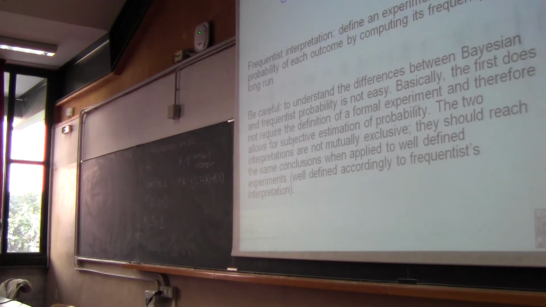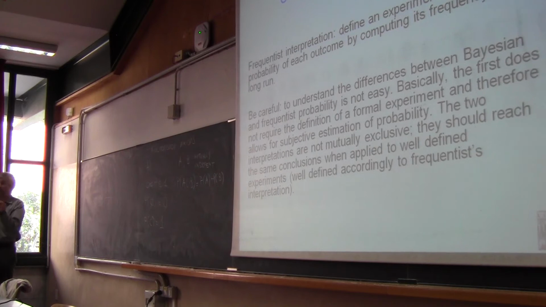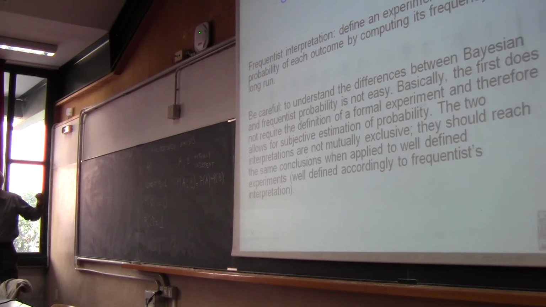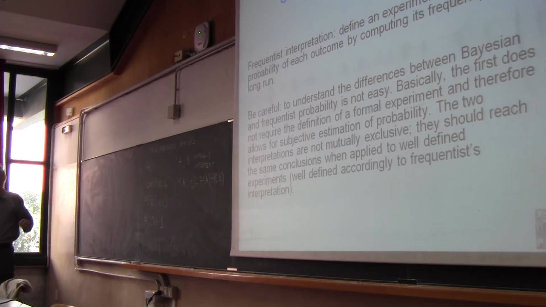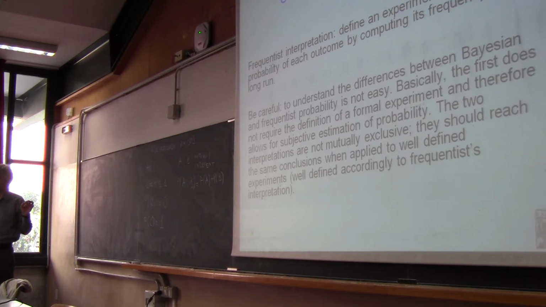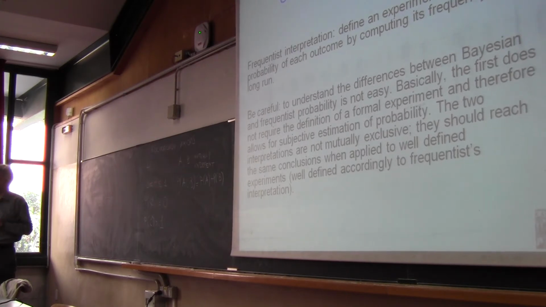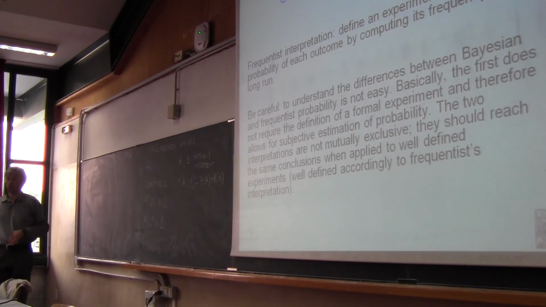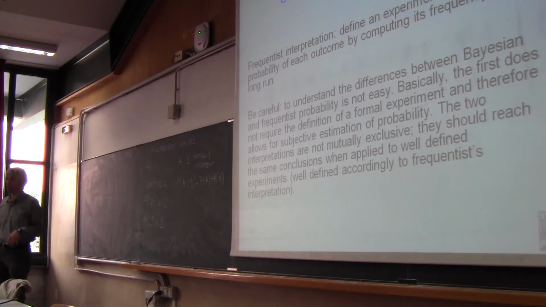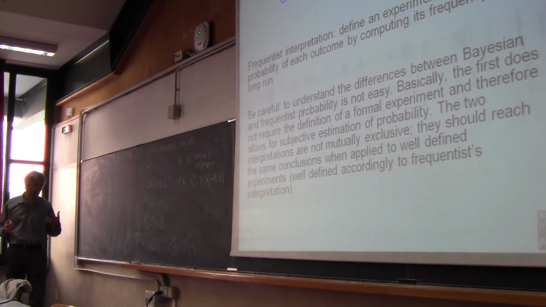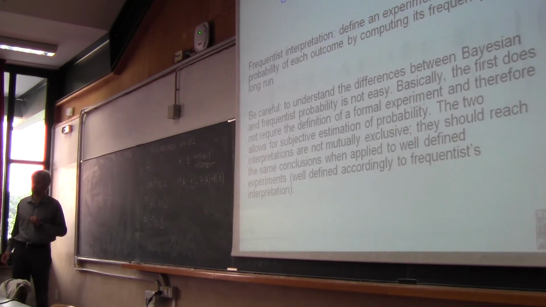This is fine in water resources management because we get the data, and the data are basically the results of previous experiments, so it's fine for us. But let's suppose that you want to estimate in a rigorous way the probability of a party winning the next elections. And you cannot perform experiments. You cannot make the election 100 times and see the outcomes. So this is an example of an event where you cannot use this definition.